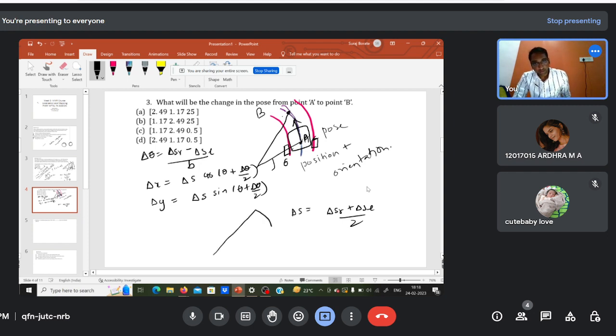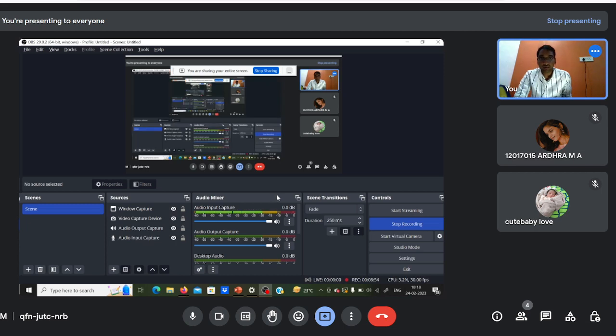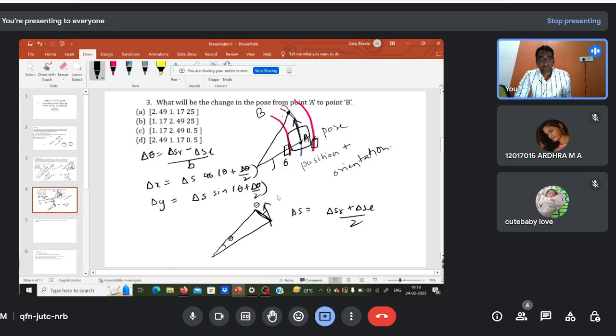Now when a robot moves on a circular arc, if this angle is theta, what is this angle? Can anyone tell how much the angle made by the tangent with the chord is? Is it theta or theta by 2? If this angle is theta, what will be this angle?